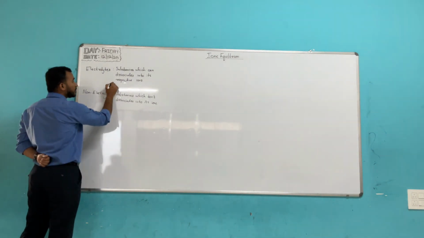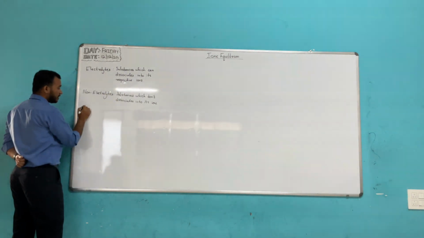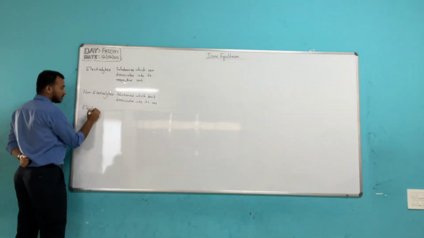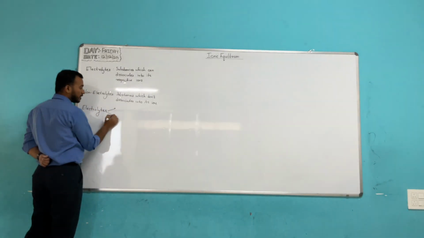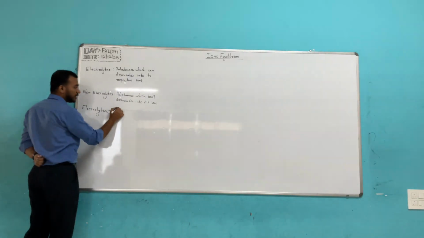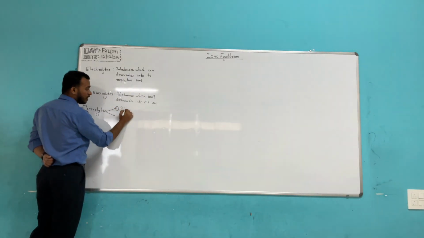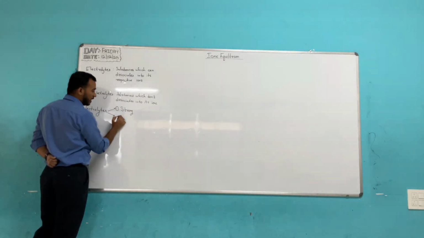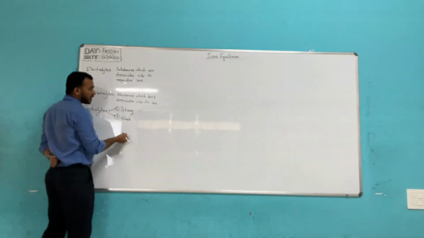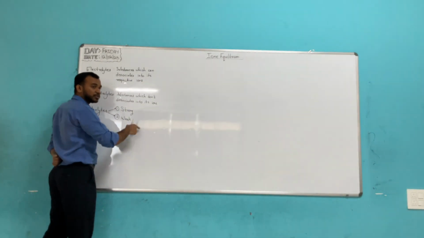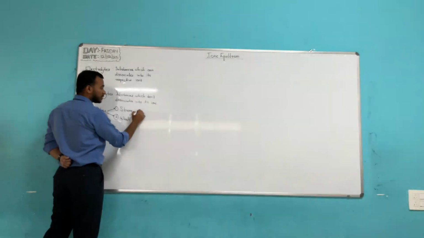there are many examples. So first we will do the classification of the electrolytes. Electrolytes are of two types: the first one is the strong electrolytes and the second one is weak electrolytes. So strong electrolytes are the electrolytes which can dissociate completely.